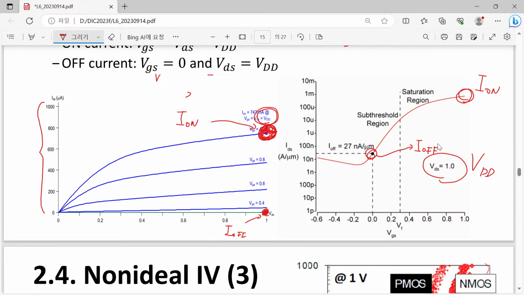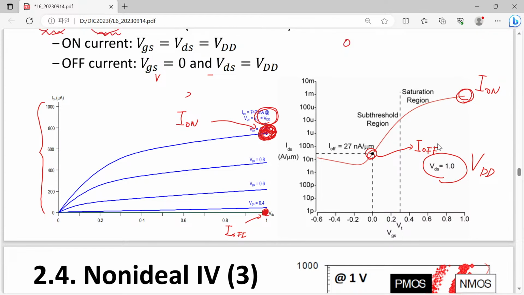So this figure, the input characteristics drawn in this semi-logarithmic scale, is best suitable for visualizing both on current and off current.